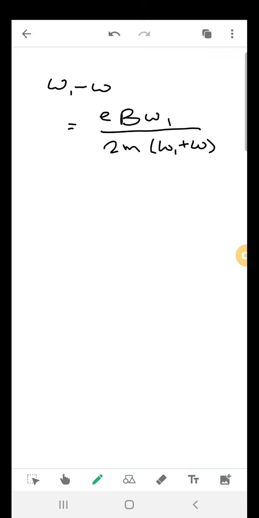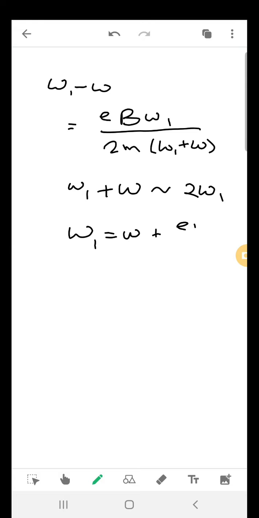Now omega 1 plus omega we take as approximately equal to 2 omega 1, so we get omega 1 is equal to omega plus Be by 2m. This is the equation we obtain.